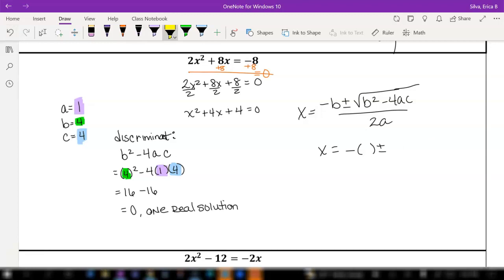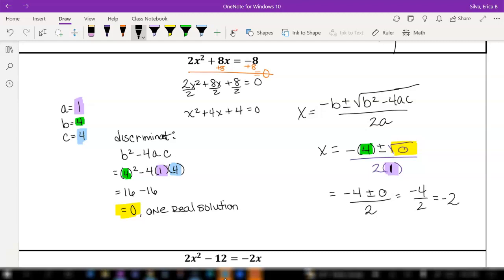We already have our discriminant of 0. So we've got the square root of 0 divided by 2 times a. My a goes here, and our b goes here. My a is 1, and my b is 4. So we've got negative 4 plus and minus 0, divided by 2.